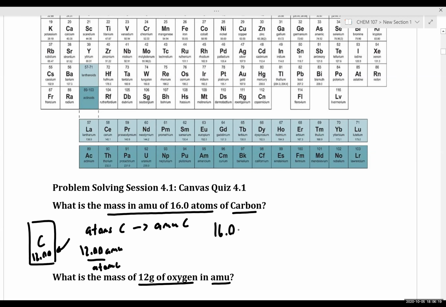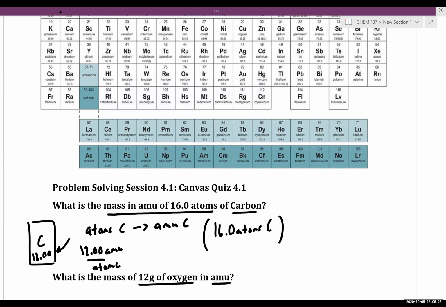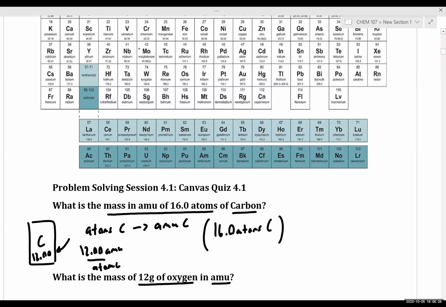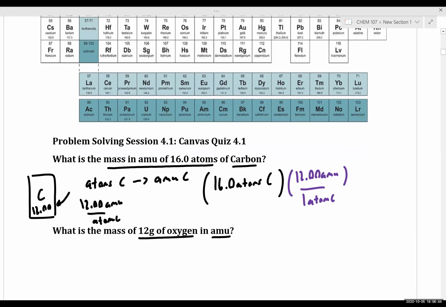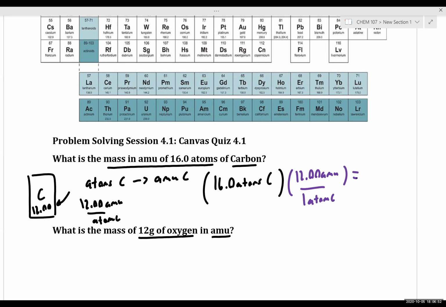So if we have 16.0 atoms of carbon, we know that we have 12.00 AMUs per 1 atom of carbon. And that in turn gives us 192.0 AMUs.